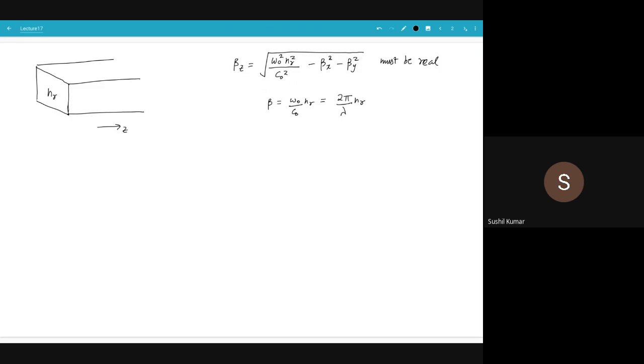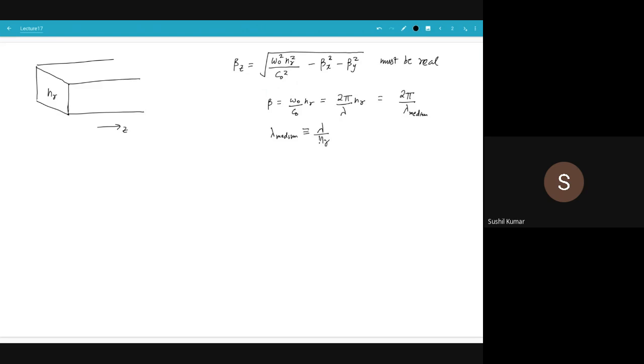So this beta is 2 pi over lambda medium, where I define lambda medium as lambda, the wavelength that you are passing, divided by n sub r. This is a common way. The lambda inside a medium is the lambda that we are launching divided by the refractive index.